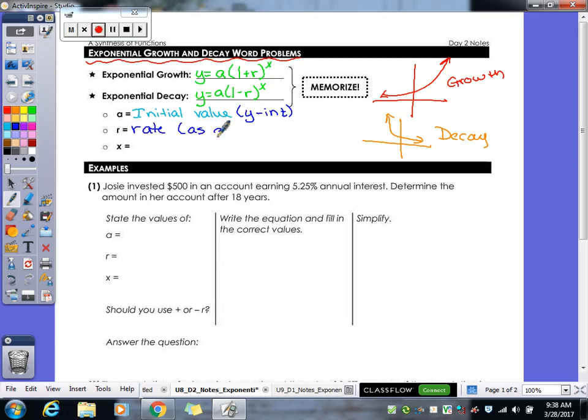We have to turn it into decimal form. They give you the percentage form, but we want to use your rate as a decimal, so we've got to change it. And then X is the number of times it happens. And then Y is just your answer, what your new amount is. We don't usually know that. That's what we're generally trying to find out.